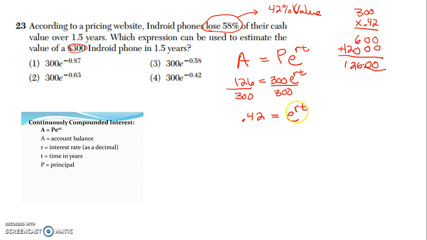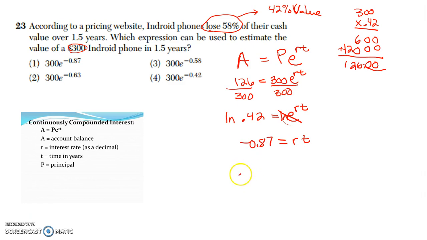Natural log on both sides, that's the inverse of e. So we're going to take the natural log on both sides. Bye-bye, get rid of that. So we have the natural log of 0.42 equals RT. On your calculator, if you do your natural log of 0.42, you'll get negative 0.87.